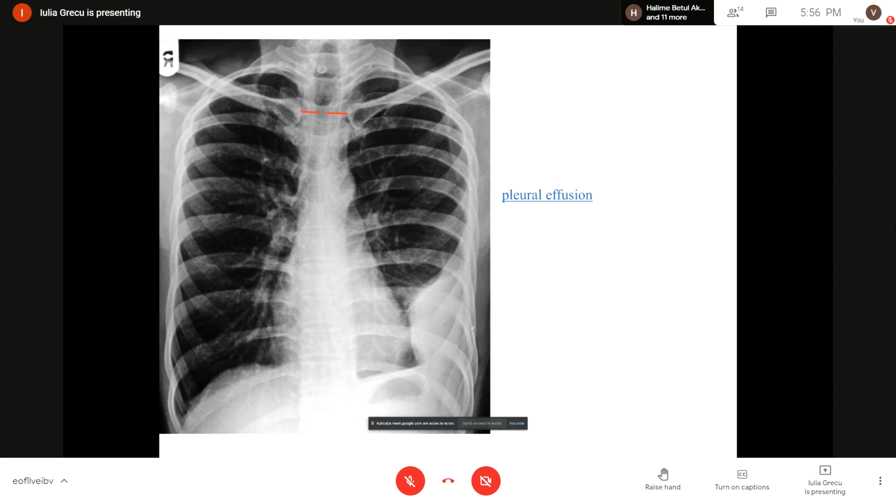When we characterize the intensity of an opacity, we usually compare it with the one of a rib. So this intensity is quite a bit higher than that of a rib here, where it's not overlapped with other arches. Yeah, it is more intense. So it is an intense opacity.